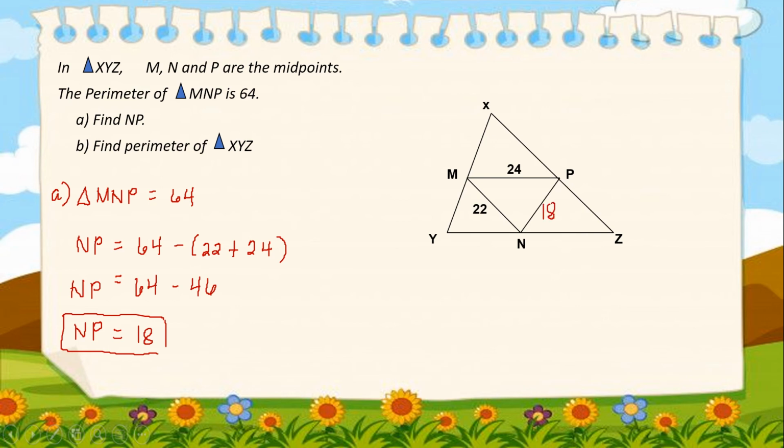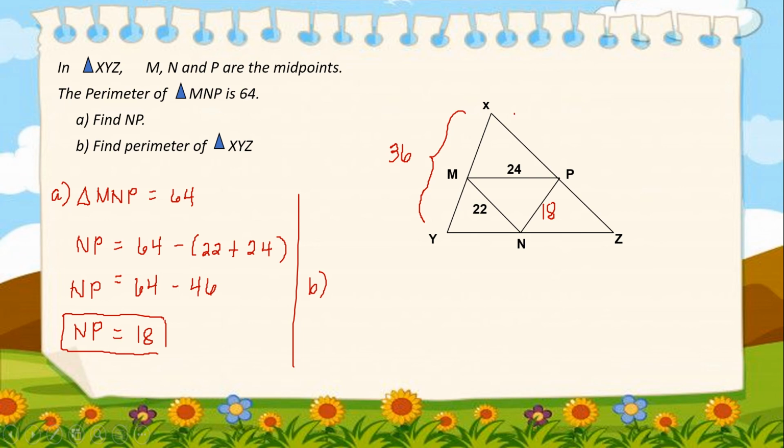Now for letter B, we are asked to find the perimeter of triangle XYZ. In order to do that, we must first determine the lengths of each side of triangle XYZ. The length of XY is 18 times 2, 36. The length of XY is twice the length of segment NP.